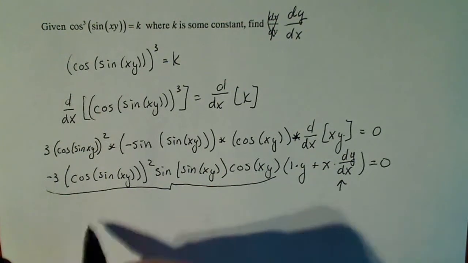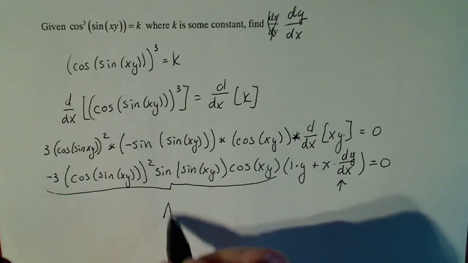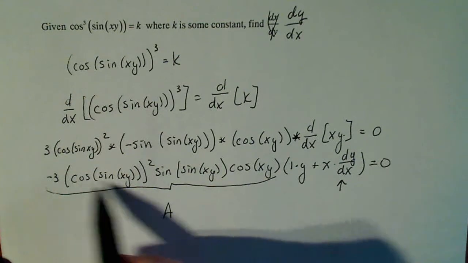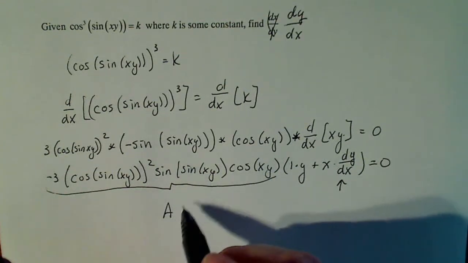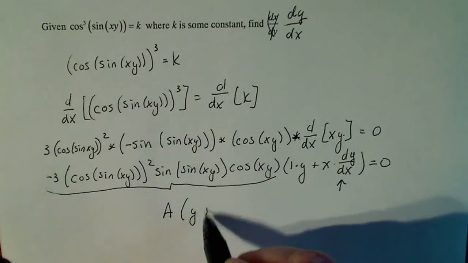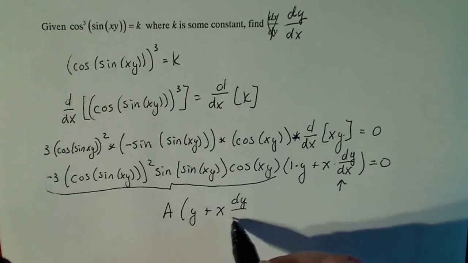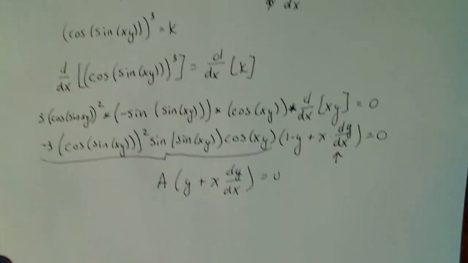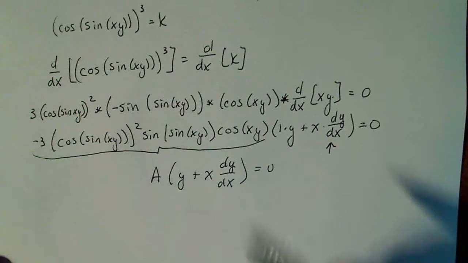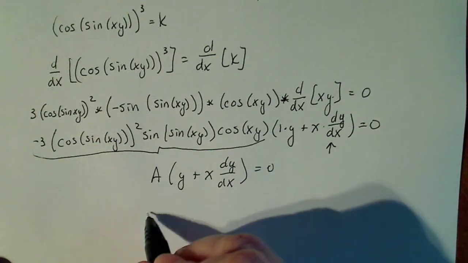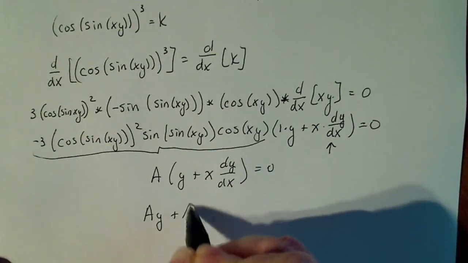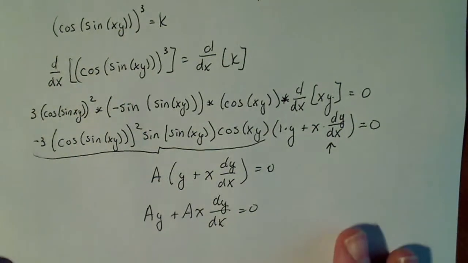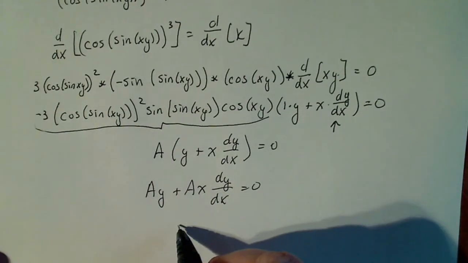I'm going to call this whole long term A. So anytime I write the letter A, I'm referring to this whole bit right here. So now that leaves me with A times y plus x dy/dx equals 0. Save me a little bit of writing, and then you're going to see some magic stuff happen here. It's kind of neat. I'm going to distribute the A to both terms, and then I'm going to isolate the term with dy/dx.